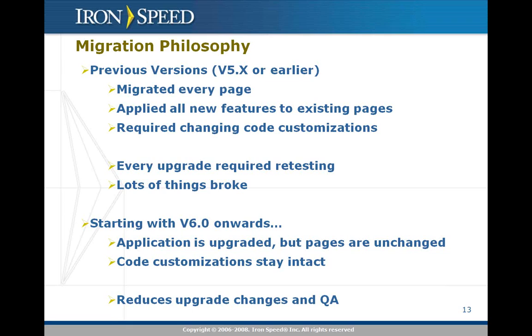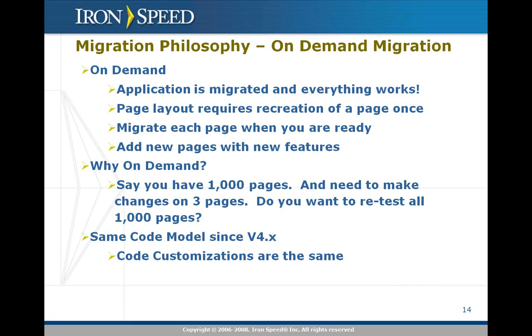So in effect, our philosophy now is called on-demand migration. On-demand migration simply means that, as I mentioned, the application is migrated, everything will work, and the page layout on the specific page that you're working on requires a recreation of that page once and only once. And then you have the ability to migrate each page when you are ready.